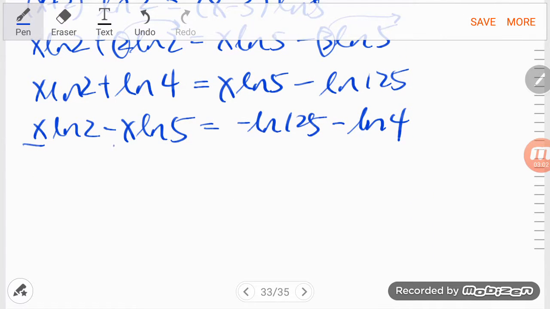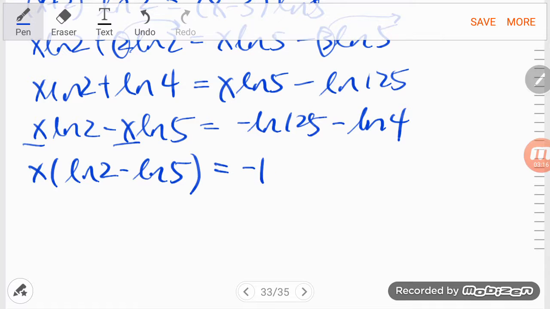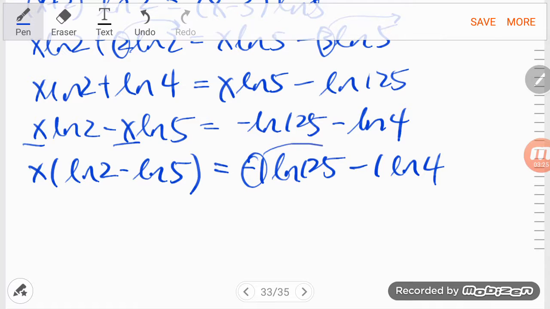So we can factor out the x, and we're almost done here. I can think of this as negative 1 multiplied by ln 125 minus 1 ln 4, right? So I can think of this as an exponent that's been pulled down.